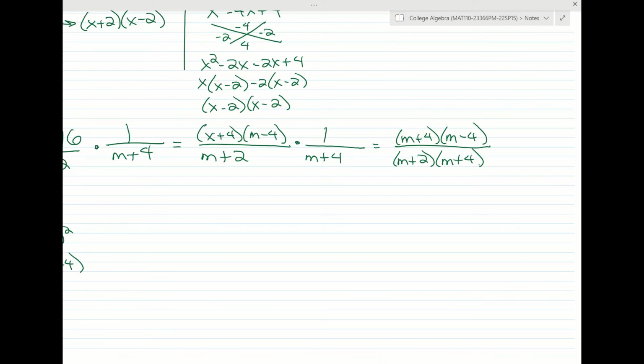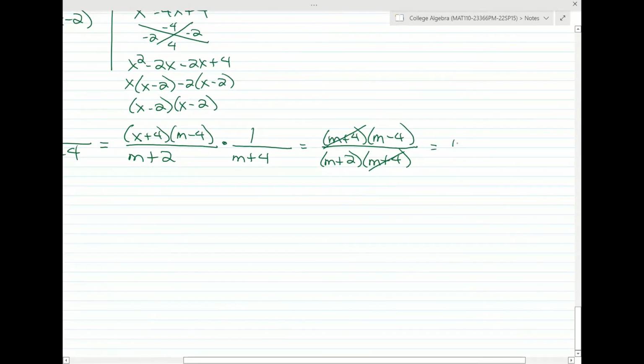So we could cancel out. What do you see that's the same? These, right? Yeah, so we're just left with m minus 4 over m plus 2.